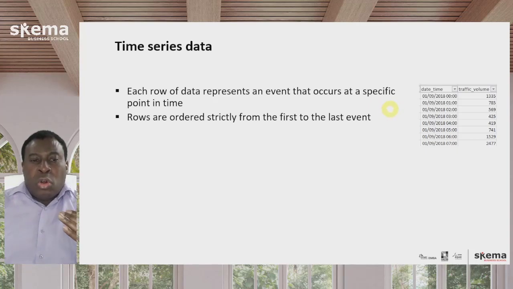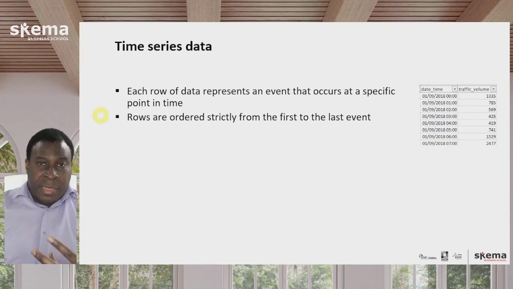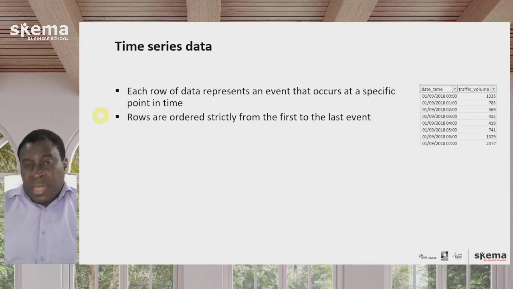Then rows are ordered strictly from the first event first, the next event, and so on in sequential order all the way to the last event. These are the key elements. Each row represents an event, and rows are in strict sequence from first to last. That is time series data, and that enables the possibility of time series analysis.